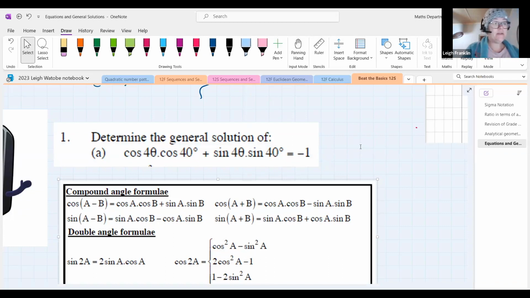So we're just doing the general solution, guys, because that's what it asked us for. Let's give it a try, guys.